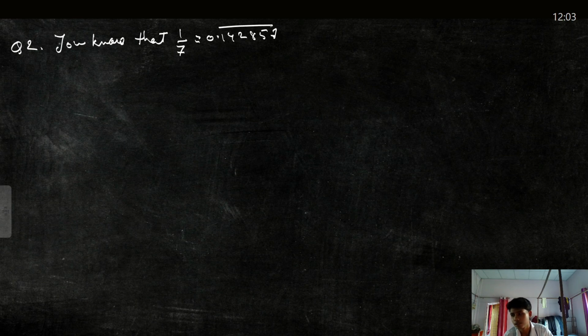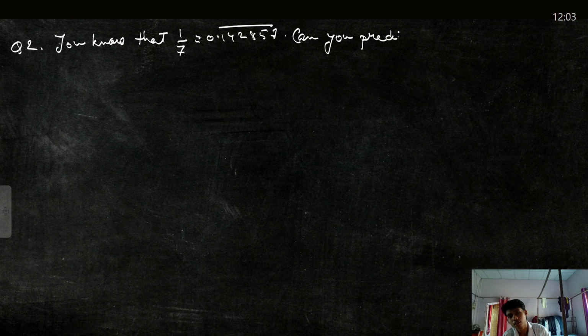The question says that you know that 1 by 7 is equal to 0.142857 bar.